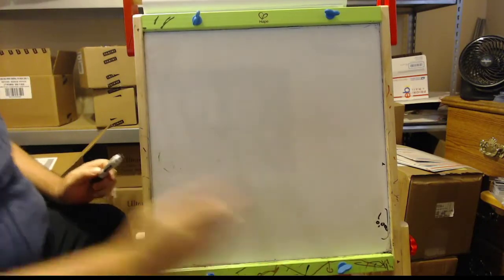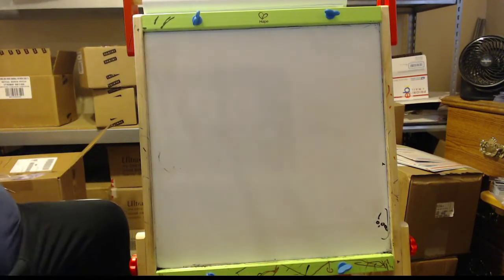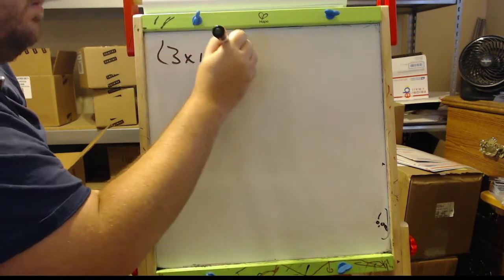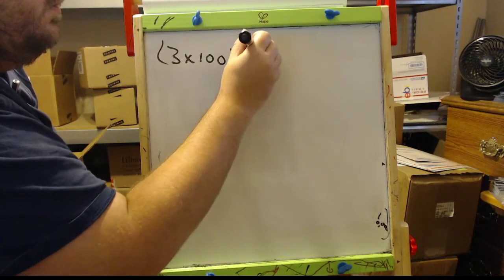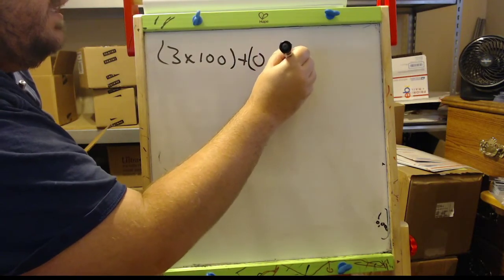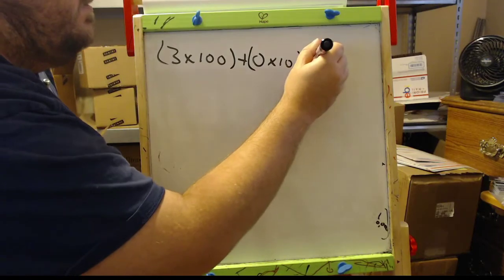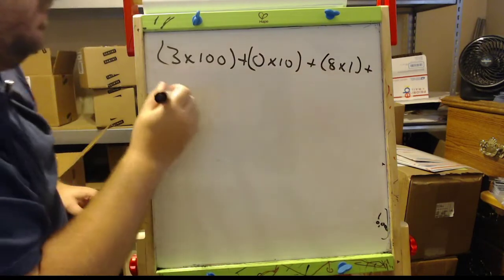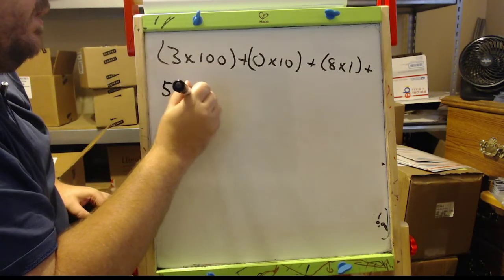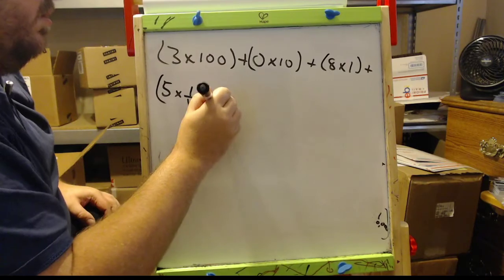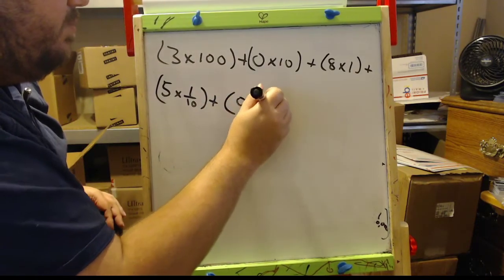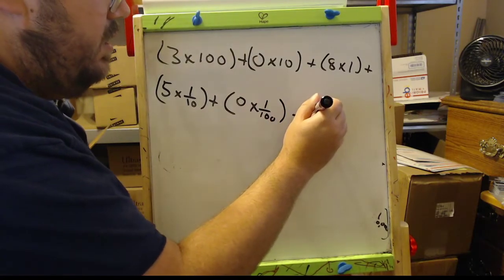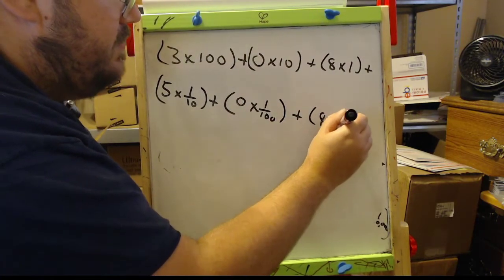If I had something like 3 times 100 plus 0 times 10 plus 8 times 1 plus 5 times 1/10 plus 0 times 1 over 100 plus 8 times 1 over 1,000.